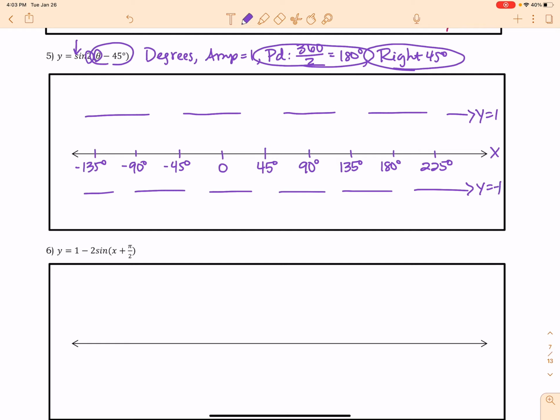This is just to guide my graph. Remember, I'm starting at 45, and I'm going to draw a whole cycle. So here's the cycle. And then I'm going to draw another cycle right here. Don't forget to put in your y-axis. Remember, your y-axis always occurs at 0, and that's what your graph would look like.